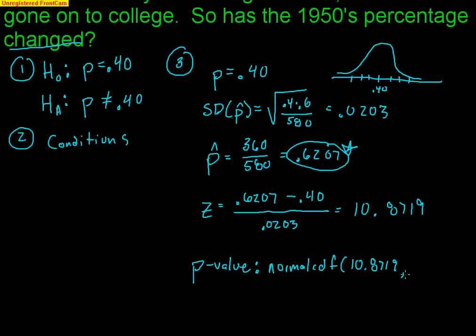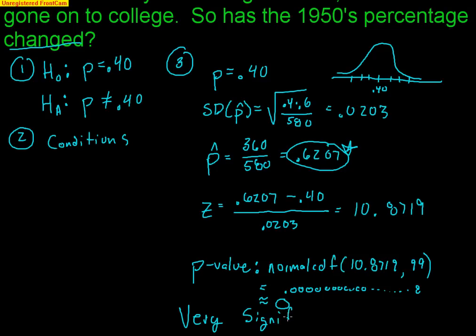So I'm going to do a normal CDF of that value, and I get, it's not even worth writing down, 0.00000000000, there are 27 zeros all the way, and then an 8. So basically, I'm just going to put approximately 0. The p-value is so unbelievably low, which means that what I saw was very significant.